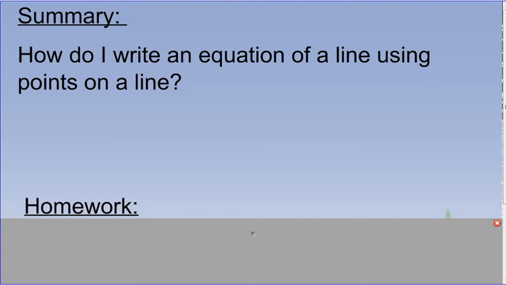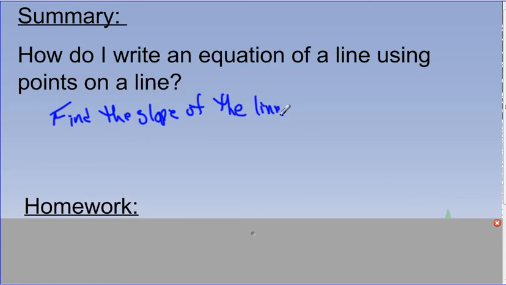The first step you have to do, the very first thing, is you have to find slope. After you found the slope of the line, then you have to find the y-intercept of the line.